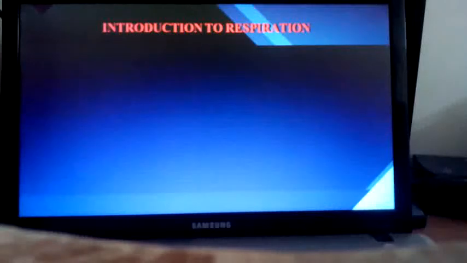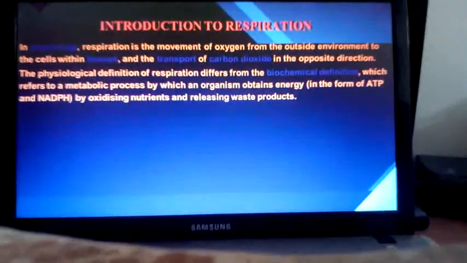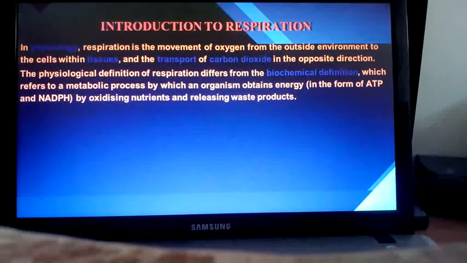Got it? The end products formed, the amount of energy liberated, and some experiments we are going to learn in this chapter. In physiology, respiration is the movement of oxygen from the outside environment to the cells within tissues and the transport of carbon dioxide in the opposite direction.